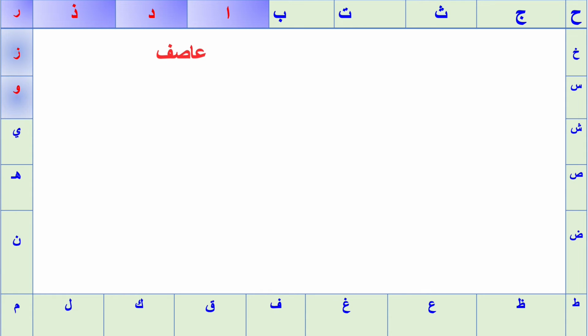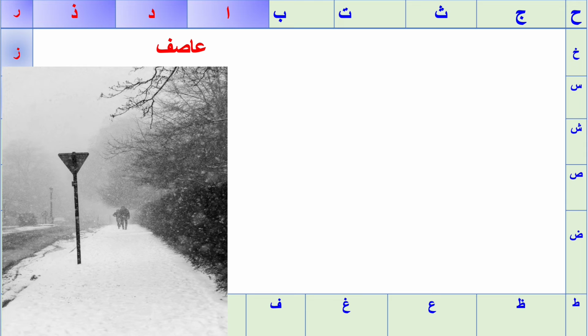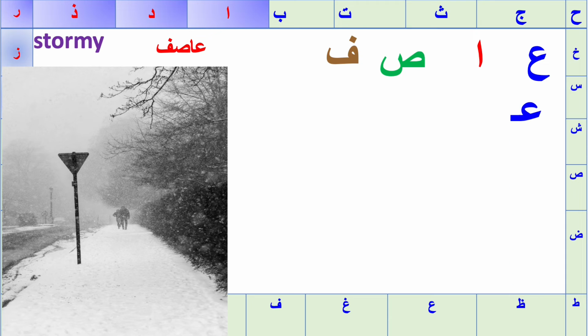Let's have another example. Asif, stormy. The component letters are Ain, Alif, Saad, Fa. Asif. The Ain will extend to the left so that it can join with the alif.